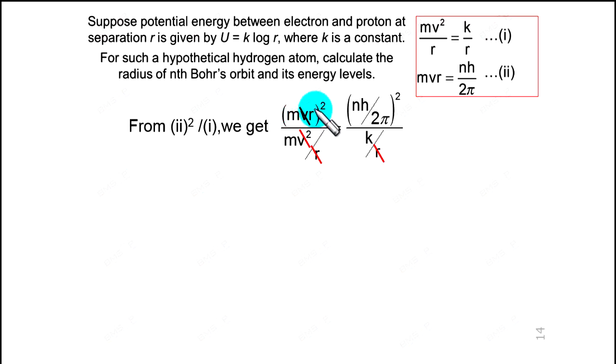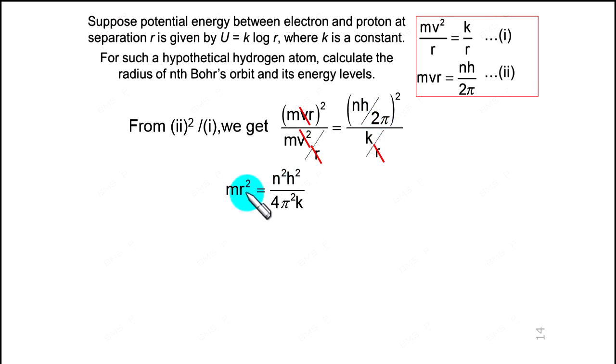And here will be m square and the denominator is m. So, only m will be left, and after rearranging, after solving, we will get the relation m r square equal to n square h square divided by 4 pi square k. This is the relation.